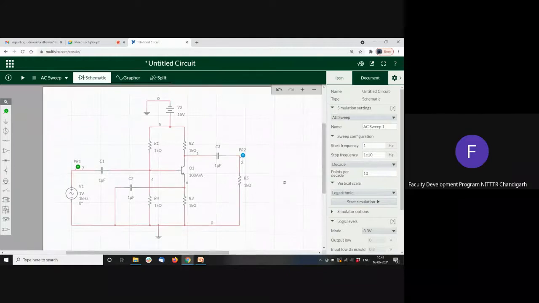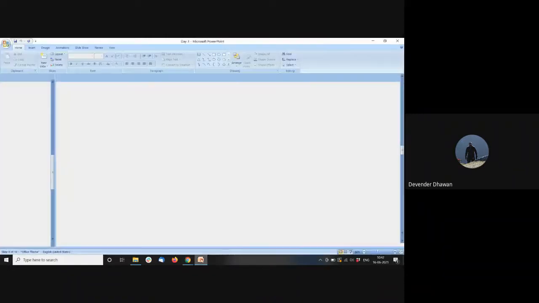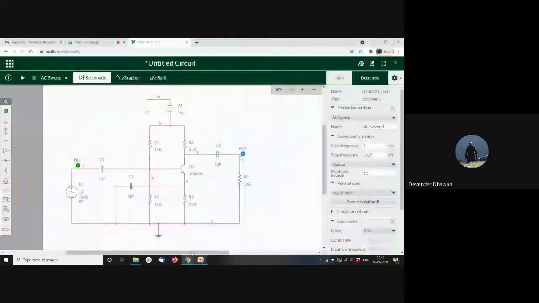Sir, Devendra sir, you're not audible. Yes, ma'am. Okay, you're not saying anything in between. Sorry, I was just making the circuit. So now the circuit is designed. Let me just cross check if the circuit looks fine. Okay, I've given the wrong input. This will not be here.